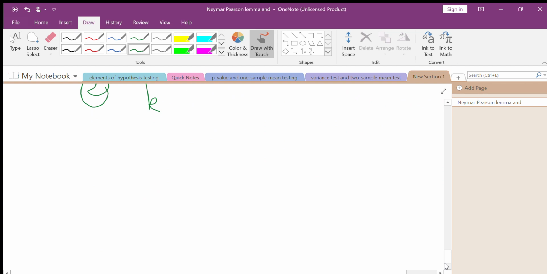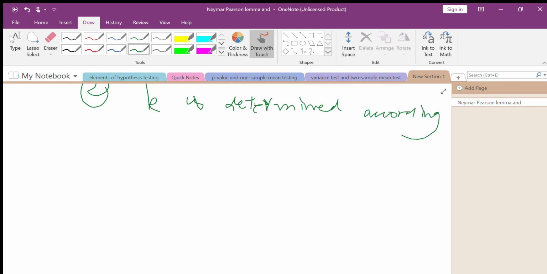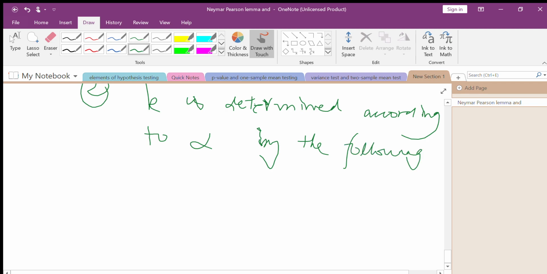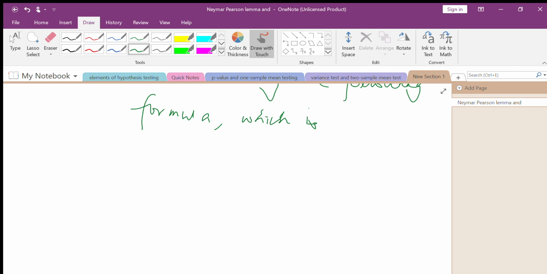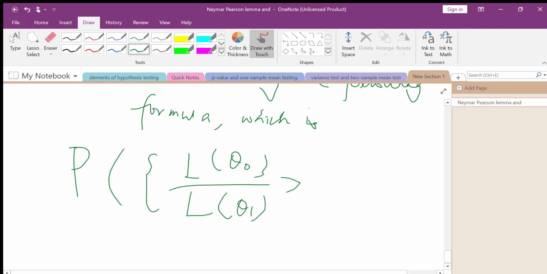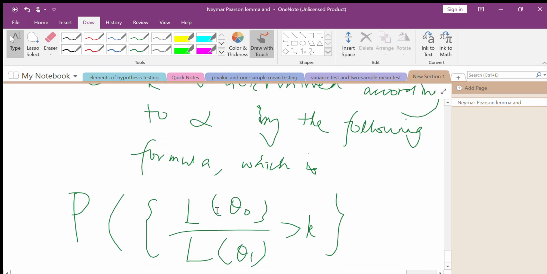So k is determined according to alpha by the following formula: the probability of the set, likelihood of theta 0 divided by likelihood of theta 1 less than k, our rejection region, given H null is true.